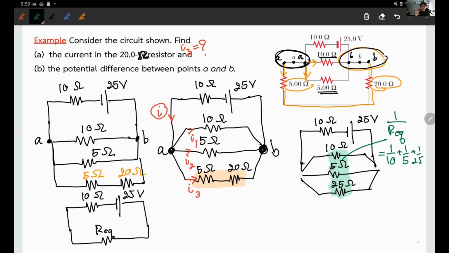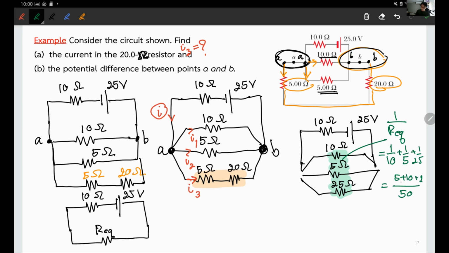Okay, because these three are connected in parallel side by side, I can wrap these three into one single equivalent resistor by doing this reciprocal sum, the inverse sum. So I can work on this a bit. It's 5 plus 10 plus 2, 17 again.